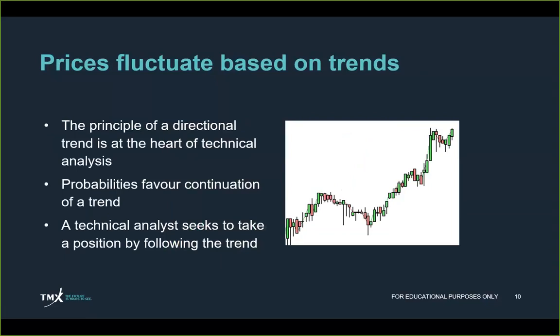And ultimately, what we're doing is we're just looking to take advantage of a position by following the trend. And as I said, you can use these observations to take action on a new opportunity. So we're going to show some examples around that. Or you can use these observations to help manage an existing opportunity. So all you're looking to do is identify, okay, is this the start of a trend or the end of a trend? And what do I need to do to take action to manage the probability of that indeed being the case.